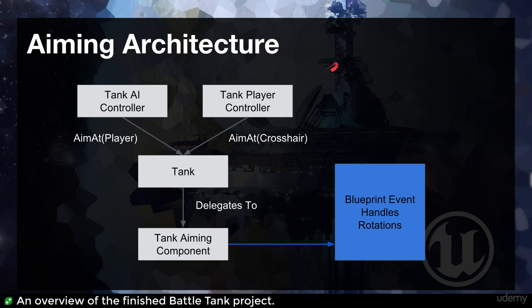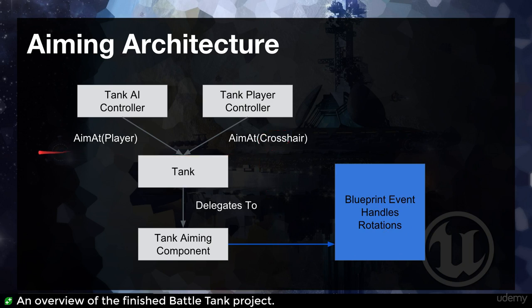So what we've said is, whatever the player does with their controller in terms of controlling the aiming, and the same thing happens with movement, the AI tank must use exactly the same API. They both must talk to the tank in the same way. It may delegate that behavior to the aiming component and maybe even some blueprints are involved, but that's when we get to binding to the actual assets, i.e. when we attach to the barrel and to the turret.